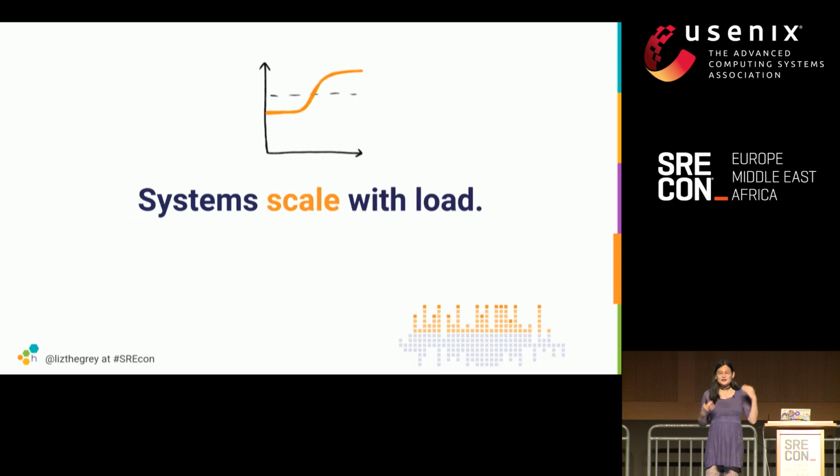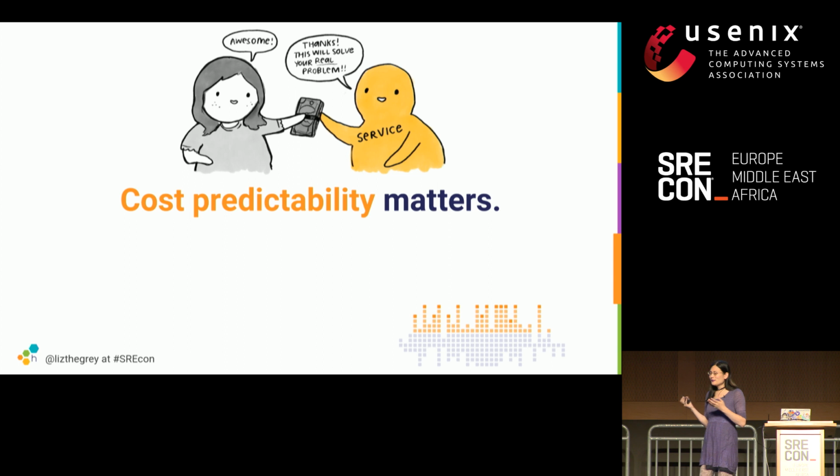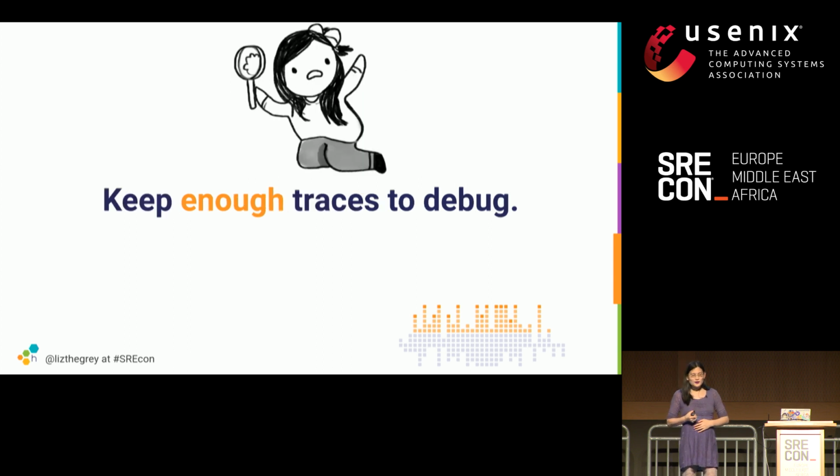Our systems scale up in terms of their volume as they become more and more loaded. And we want to make sure that in the case where you're paying for a fixed amount of retention, that we're getting a finite number of days of retention, for instance. We need to make sure that the volume of events I'm ingesting remains constant over time. And we need to make sure that we have enough data to debug, right?